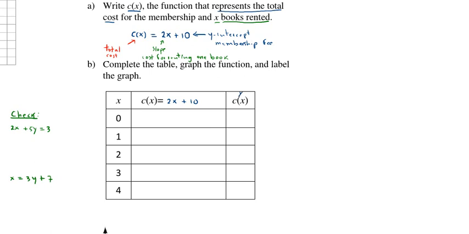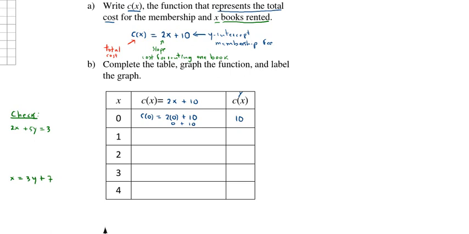So here we will have C of 0 is equal to 2 times 0 plus 10. 2 times 0 is 0, plus 10. That is 10. That is only paying the membership fee and not renting any books. If you just do that, the total cost that you have to pay is $10.